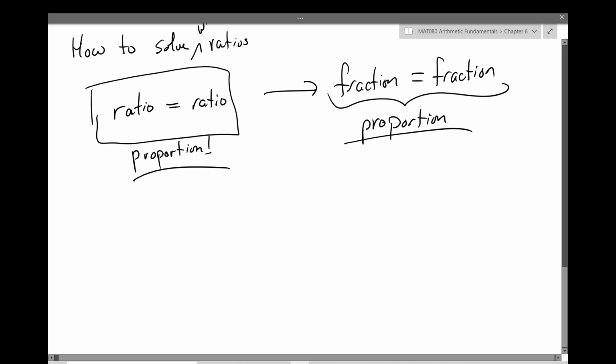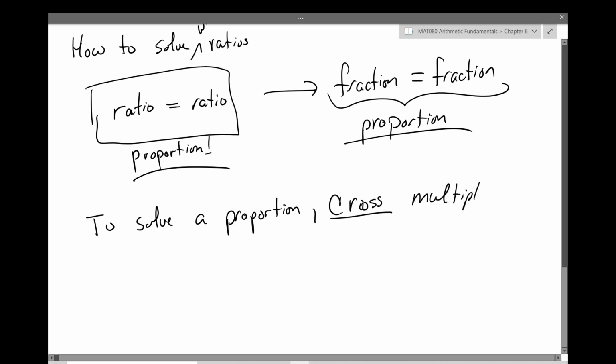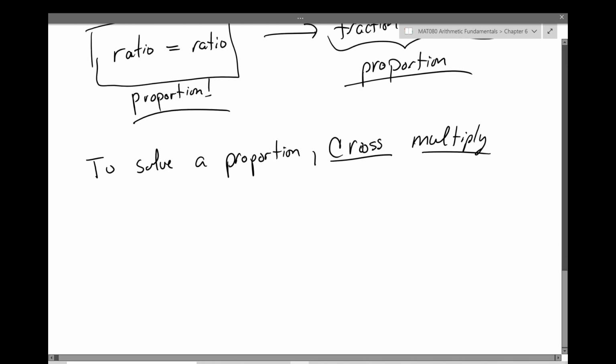So you ready? To solve a proportion, cross multiply. And what that means is this. Let's say I have A over B, and that equals C over D. Notice we have a fraction equal to a fraction.